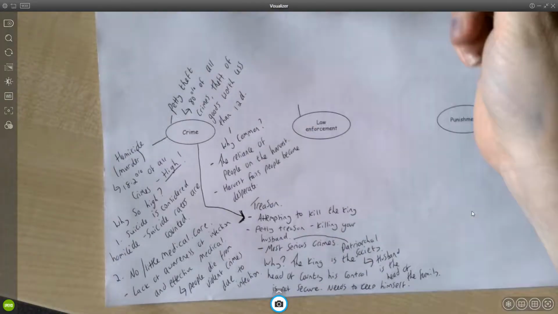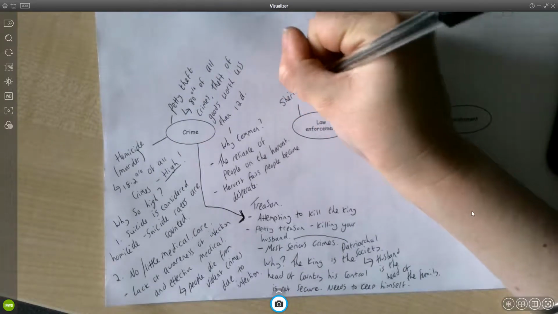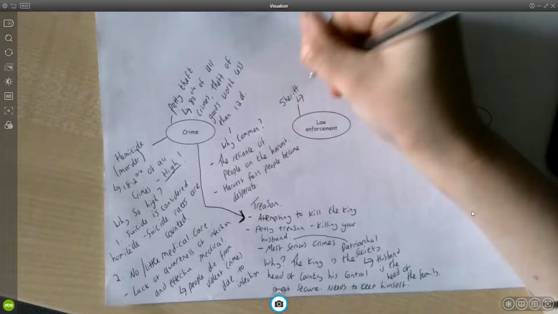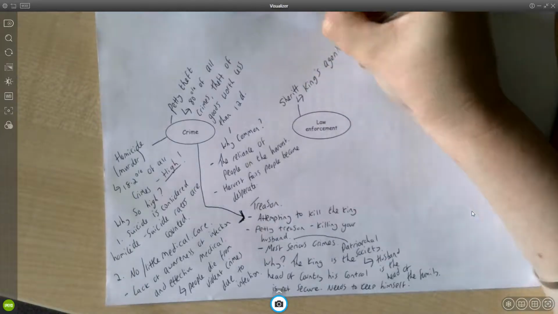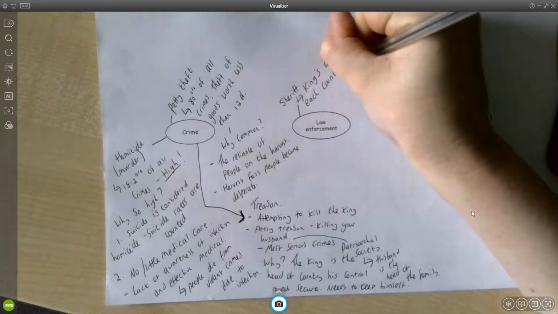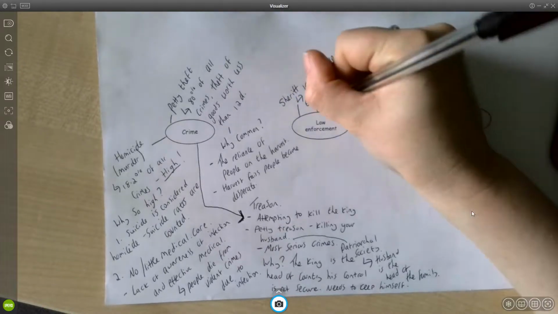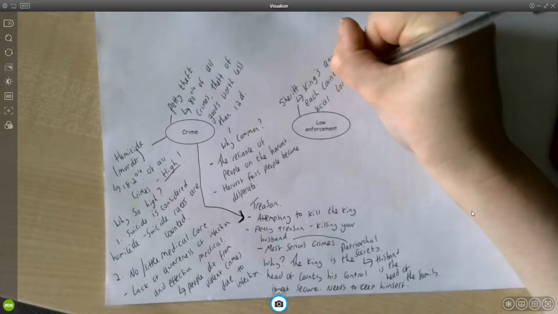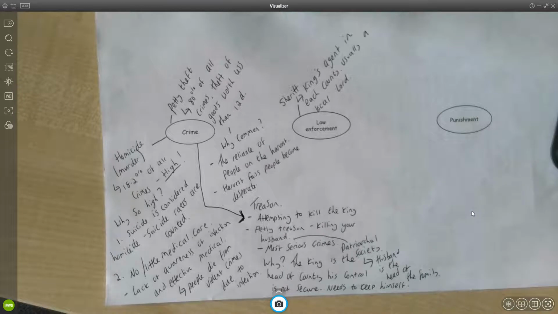So one person I think is very important in law enforcement in the medieval period is the sheriff. And he is the king's agent in each county. And he's usually a local lord. And it's his job to ensure and enforce the law in his county.